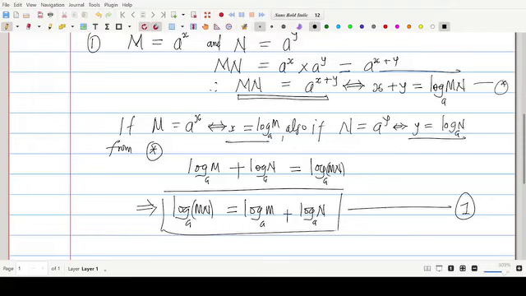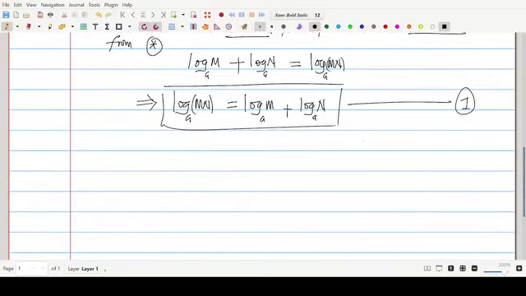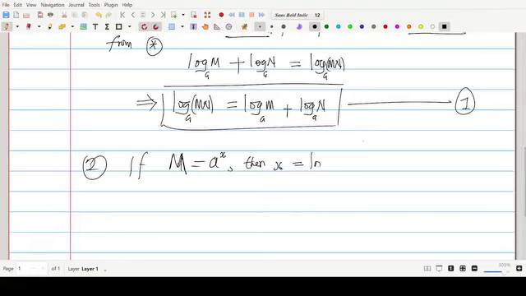Very, very important. Now the next we want to look at is the consequence of the definition. That's the next we'll be considering. Number two, let's say if m is equal to a to the power x, as usual, then the equivalent form of this is x equals log to base a of m.